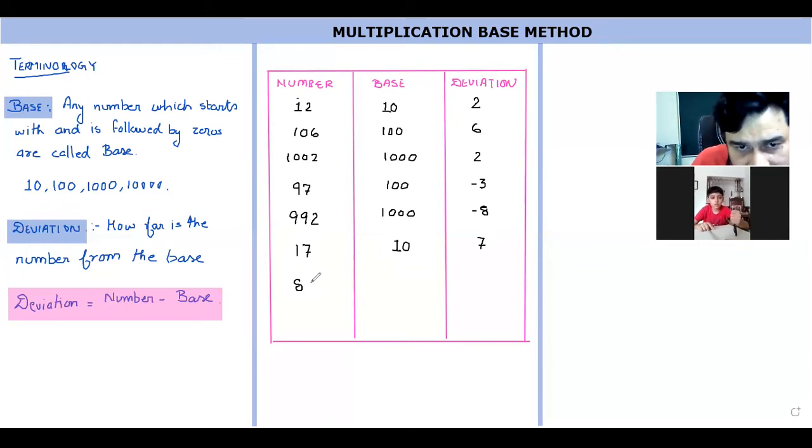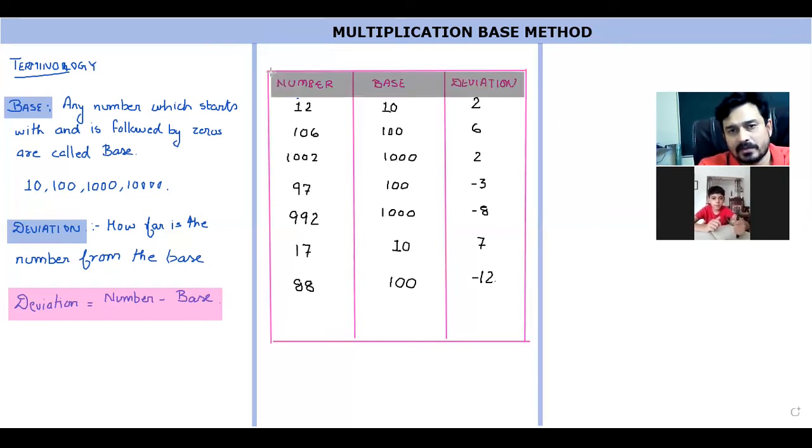If the number is 88, the base is 100 and the deviation is -12. So now it is clear to you what bases and deviations are. Just note down here.